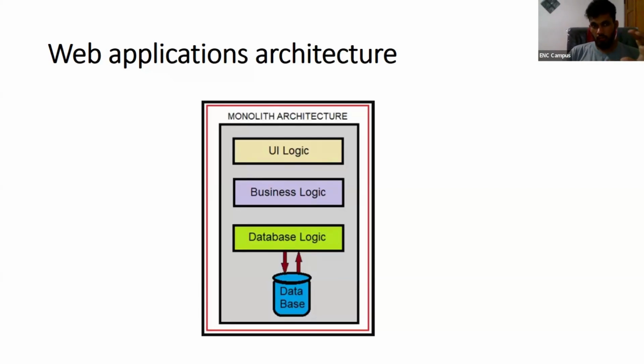So we can see there are two things: the user interfaces, the UI logic, and the backend logic. In monolithic architecture, the single application consists of the UI logic, the business logic, and the logic to connect with the database as well, right?